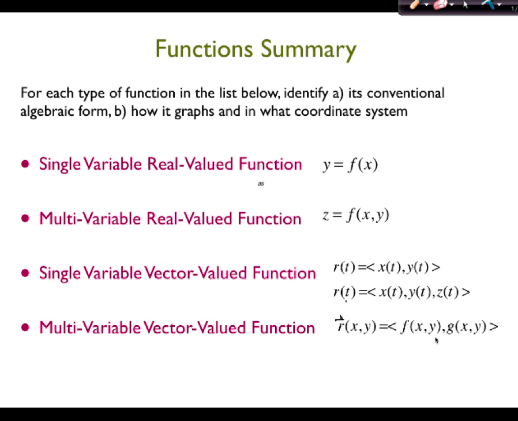The x component of the vector is some function of x and y, and the y component of the vector could be some other function of x and y. So given a combination of values of x and y, it gives you vectors. So what exactly is this thing? You take values of x and y, and it gives you a vector.